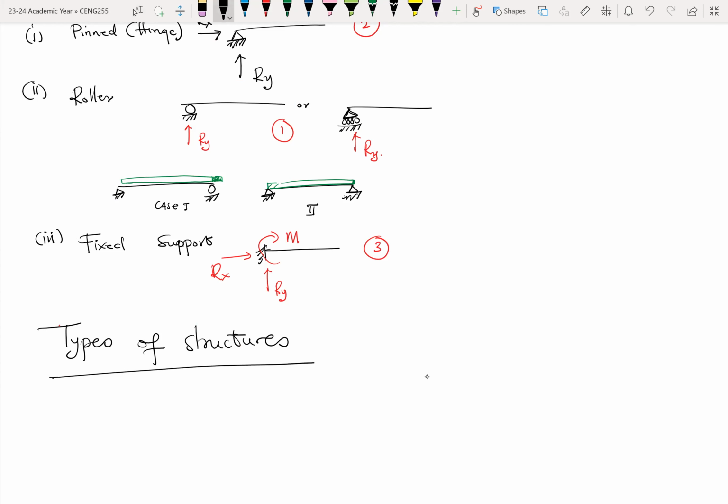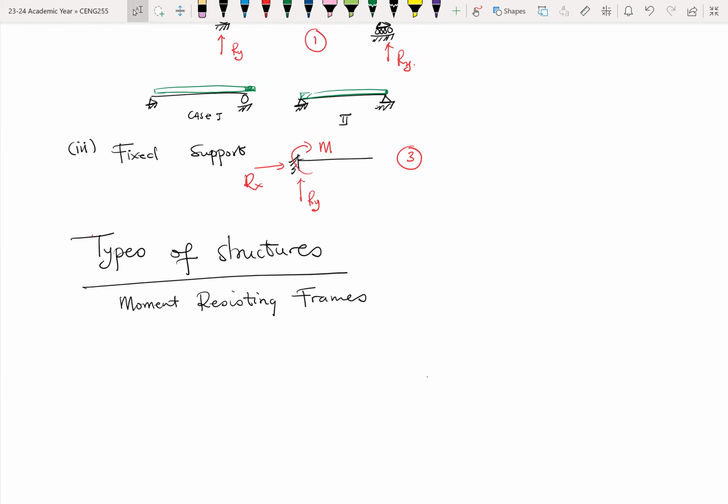So normally, our focus in this course will be what we call the moment resisting frames. Okay. And then we have the brace frames, the frames with shear walls. We have the pin jointed frames and all of that. They are just different types of frames, and it's just the mechanism by which they resist loads or transfer loads between the different structural members. Okay.